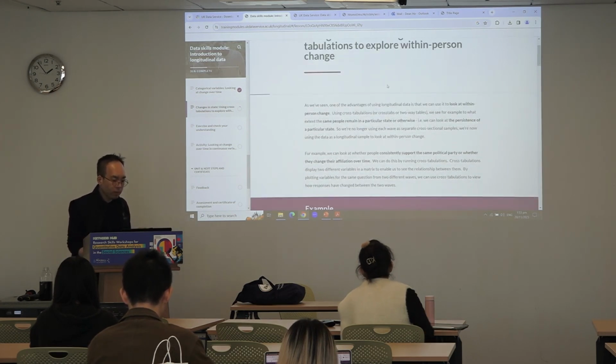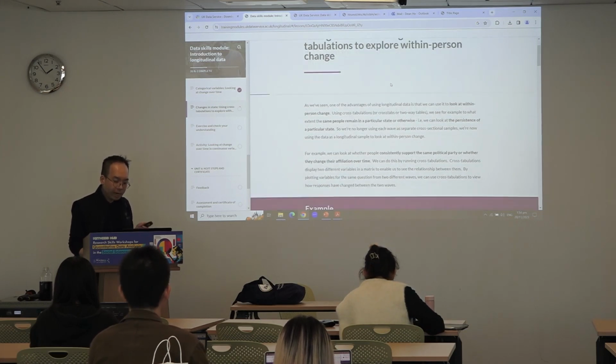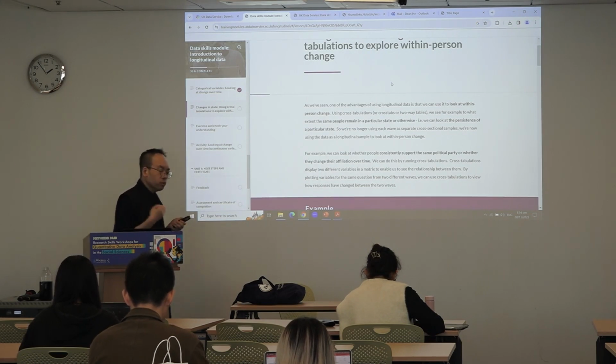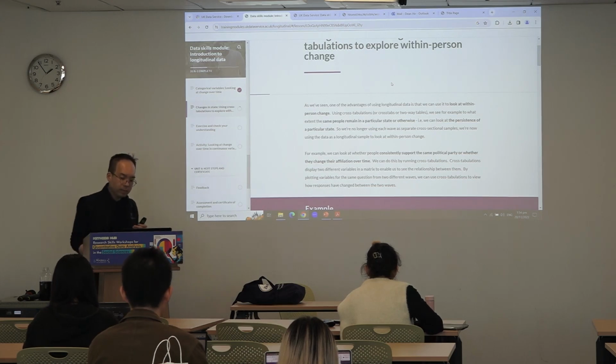Cross-tabulation is what helps us to explore within-person change. The idea is that the benefit of longitudinal data is that you can look at a person over different time periods.